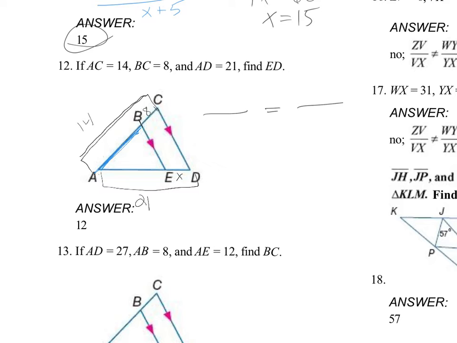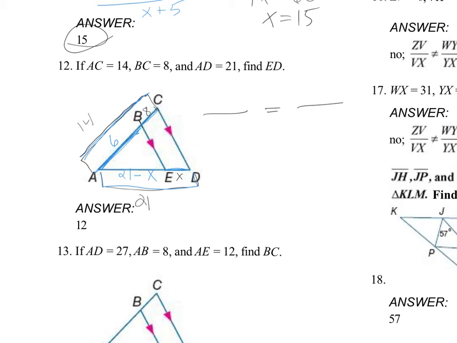So if this is 14 and if this is 8, then this must be 6. And if this is all 21, but this is x, this part here must be 21 minus x. So we've got to get that first.